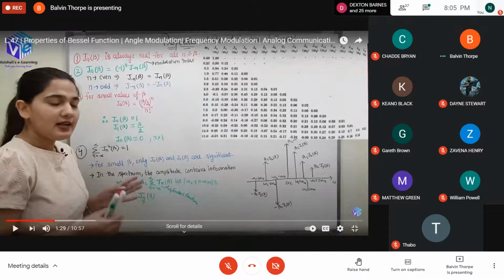So, for example, if your modulation index was 0.5, you'll multiply J naught, which is always your carrier, the carrier of that frequency modulated wave, by 0.94, and with a modulation index of 0.5, you have 2 significant side frequencies.